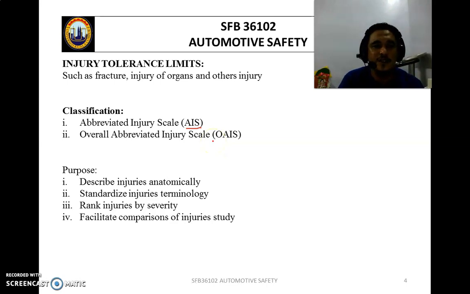Alright, the purpose of the AIS and OAIS is to describe the injury anatomically, to standardize the injury terminology, to rank the injury by severity, and to facilitate the comparison of the injury's body.